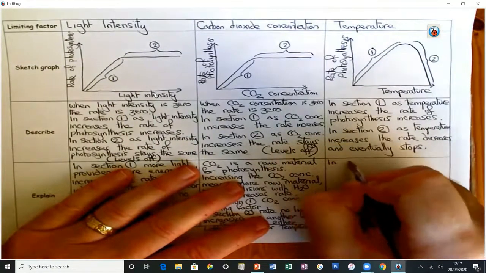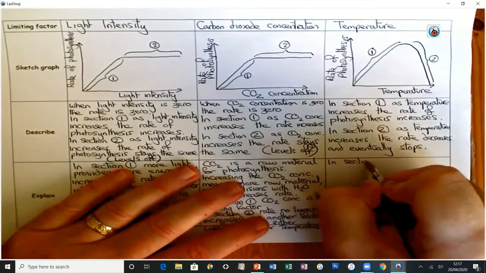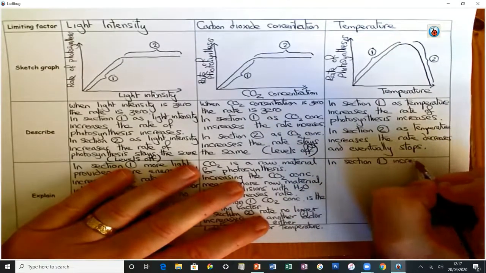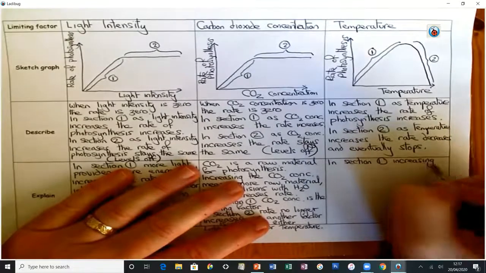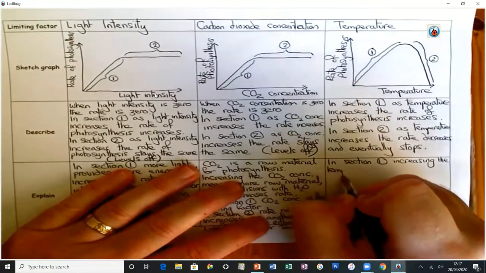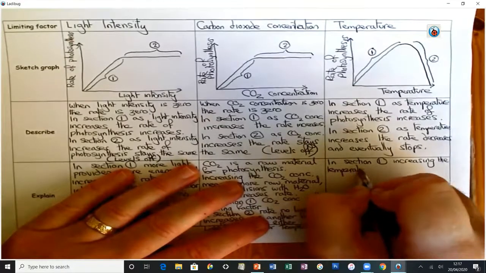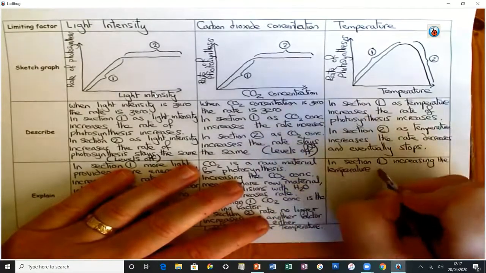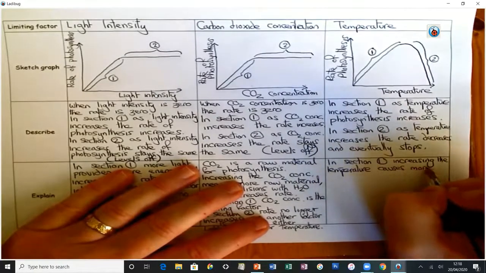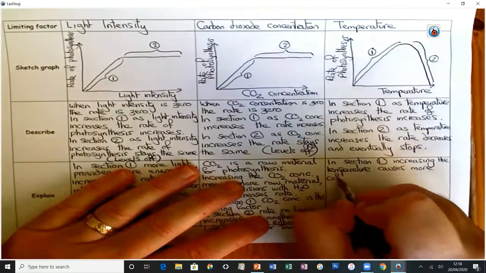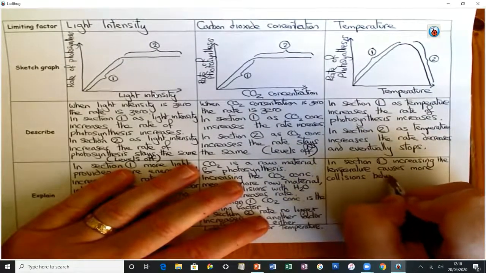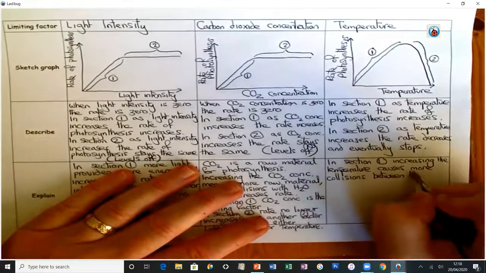So in section 1, increasing the temperature causes more collisions between the reactants.